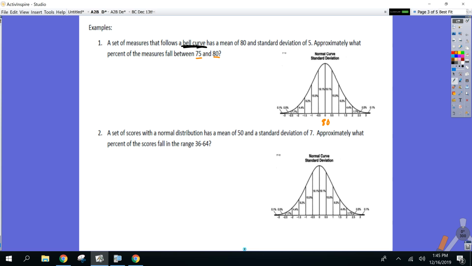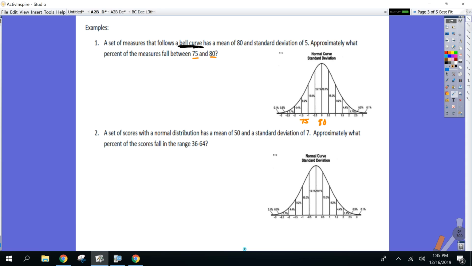I subtract the standard deviation, 5, and magically, we end up with 75. So I don't need any other numbers. Now I'm going to take it from -1 to 0, and add those percents up. That's the percent of kids on this particular test that scored between a 75 and an 80.